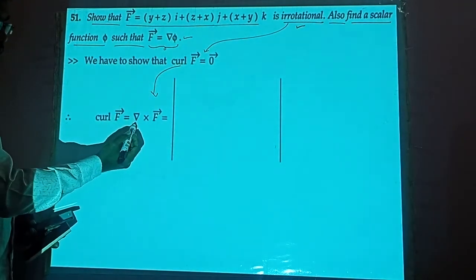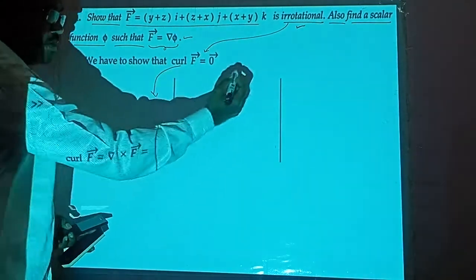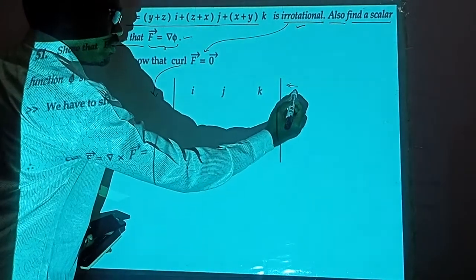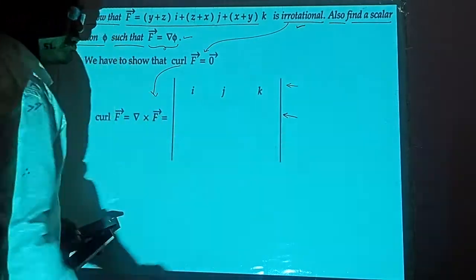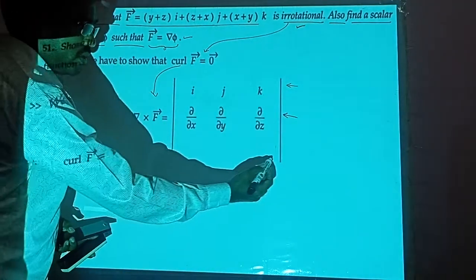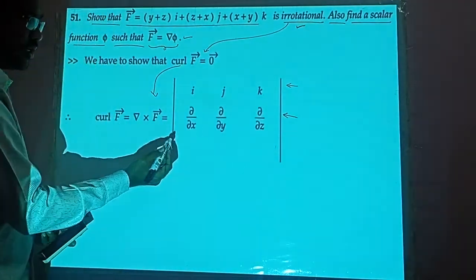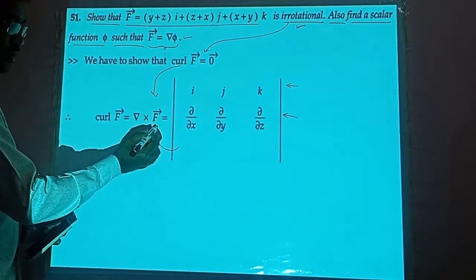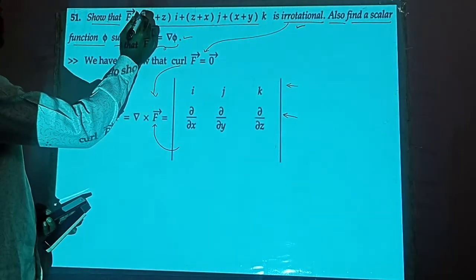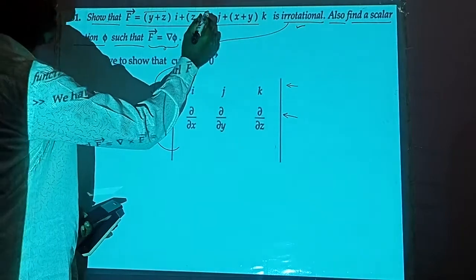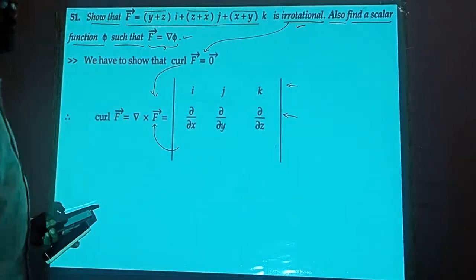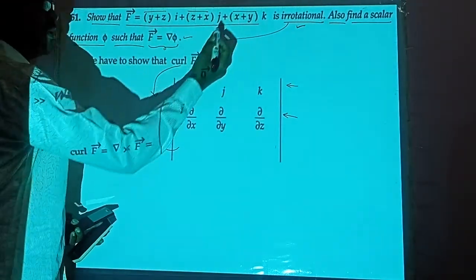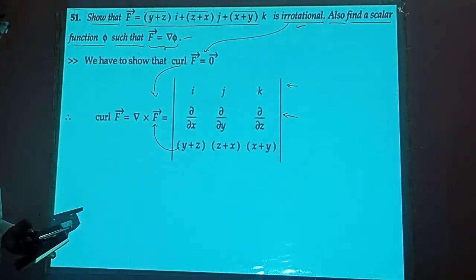Curl f is nothing but del cross f, that is a determinant. First row and second row are always fixed. Third row is the coefficients of i, j, k in f. What are the coefficients here? This, and this. So these are the coefficients of i, j, k which we need to write here.